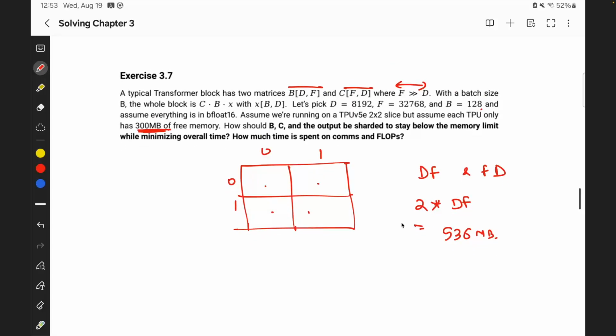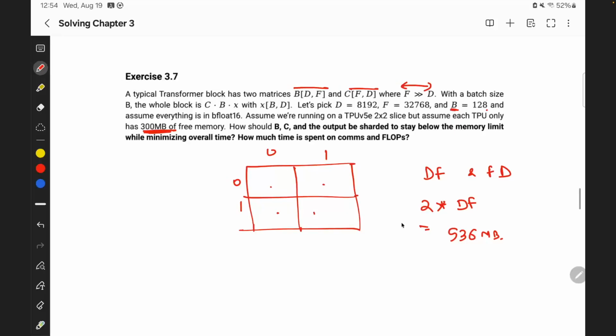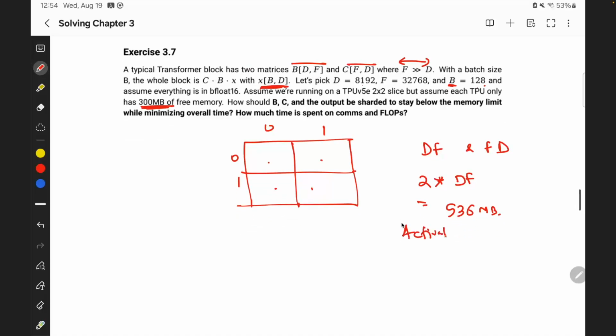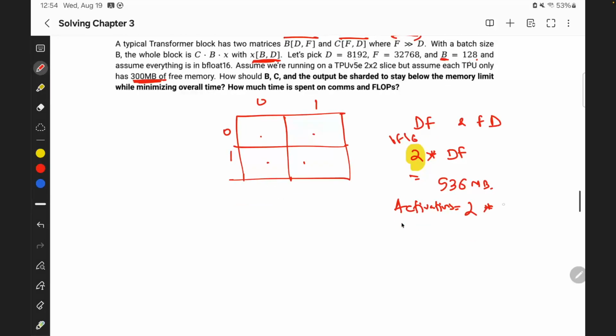The activations are what's coming into the transformer, batch size B by D. So the activations are 2 times 128 times 8192, where the 2 comes from bf16, and this comes to around 2 megabytes.